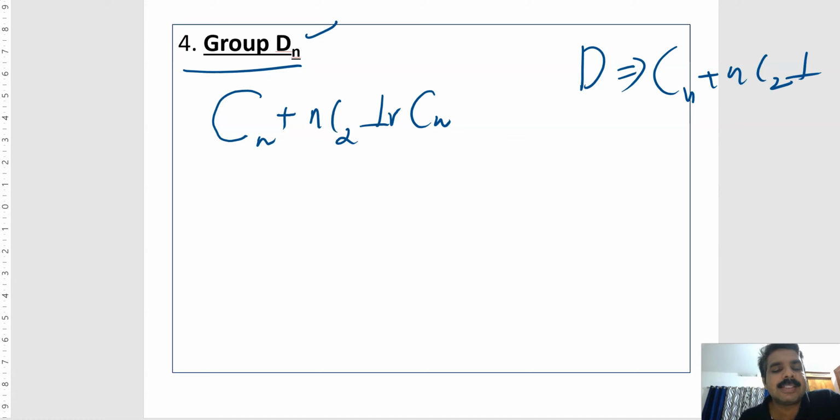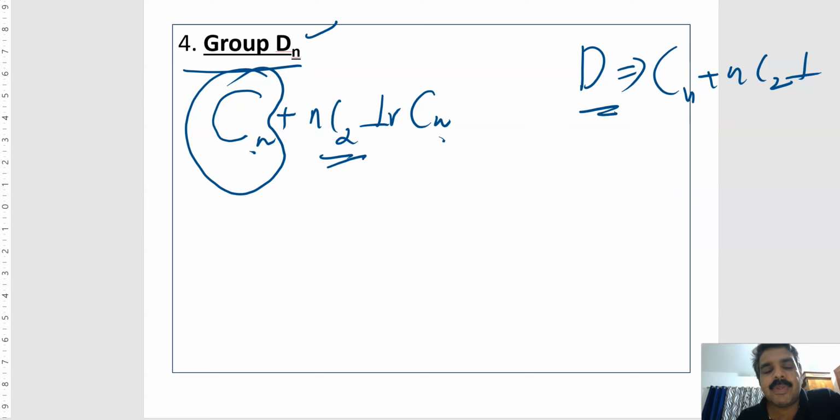There is a Cn axis, a proper rotation axis, and there are nC2 axes perpendicular to the Cn, and that belongs to the D category. And Dn means it contains only Cn and nC2 perpendicular to Cn, no other plane of symmetry and no inversion center, and that belongs to the Dn category.